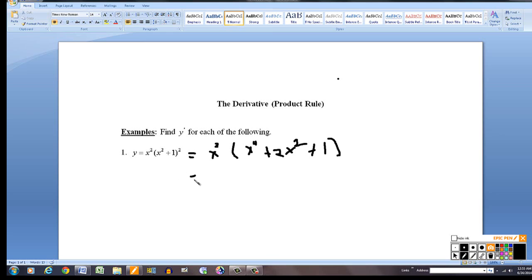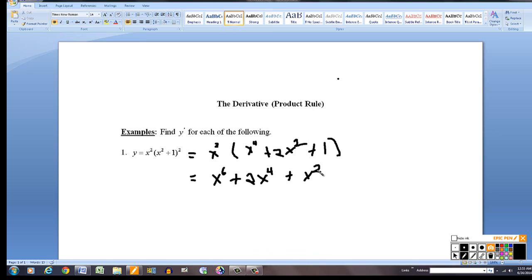And then I'm going to go through and multiply this out. So x squared times x to the 4th is x to the 6th. I get an x to the 6th here. Then multiply the next term by x squared. I'll get 2x to the 4th, plus, and then 1 times x squared is x squared.